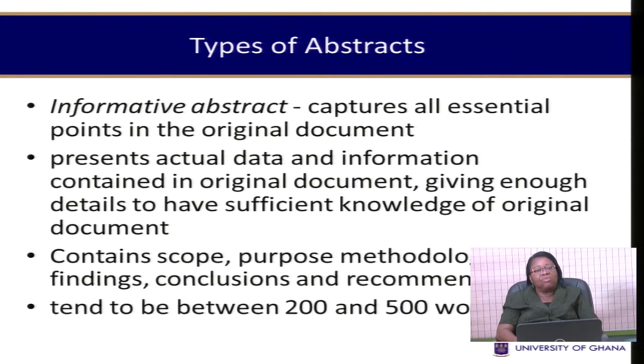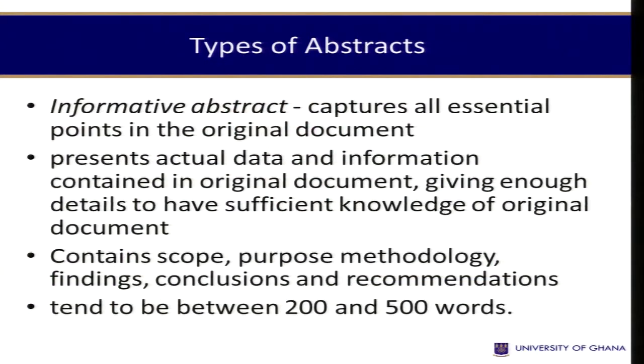So what kinds of points are we talking about? It should give you what is the purpose of that article, what is the scope of that article, what is the methodology of that article, what are a few findings and the conclusions and recommendations. And so the informative abstract should usually be between 200 and 500 words.